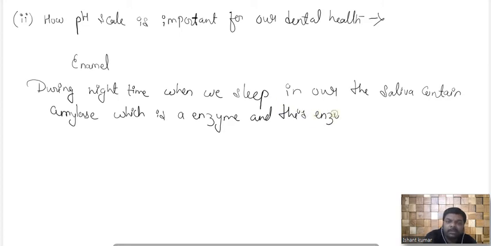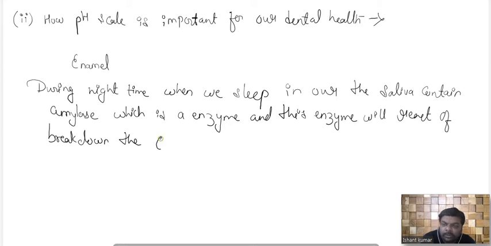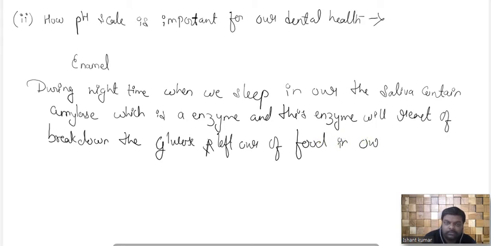This amylase breaks down the glucose left over from food in our mouth and will produce acids.